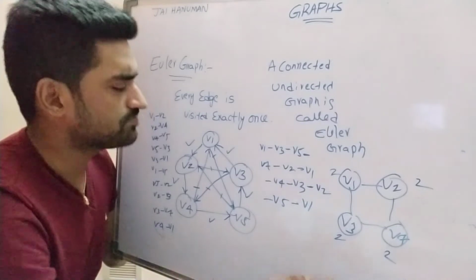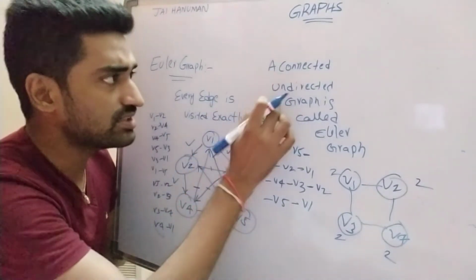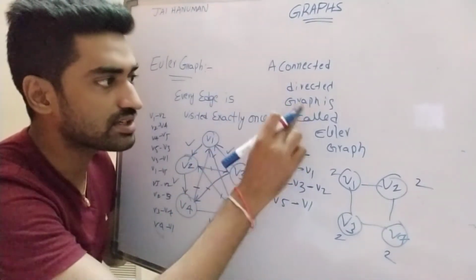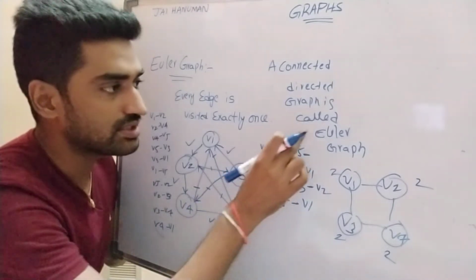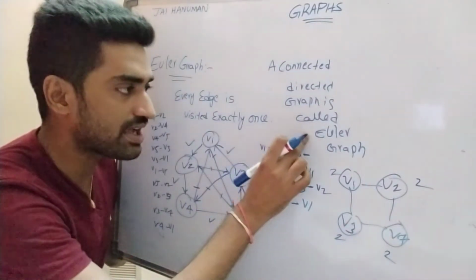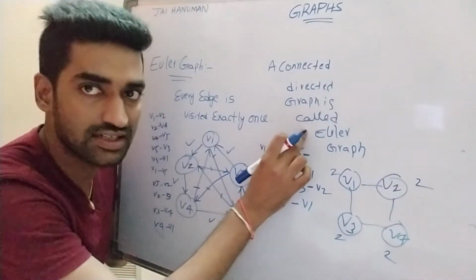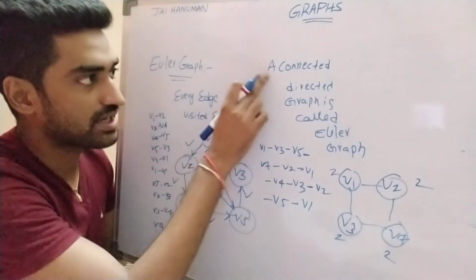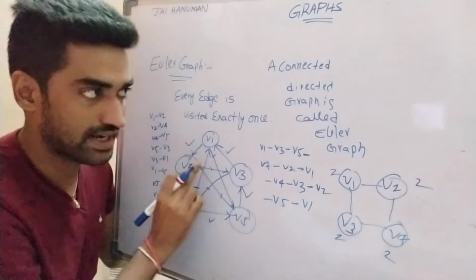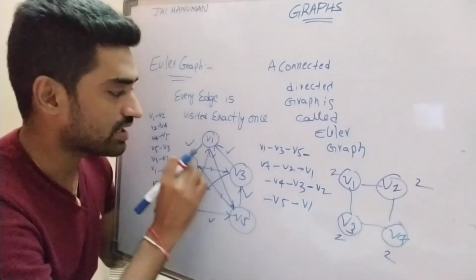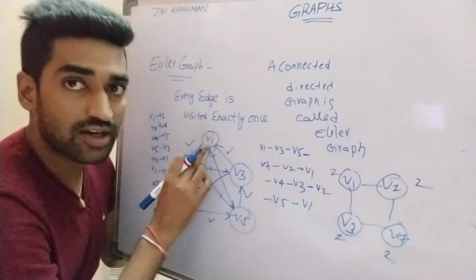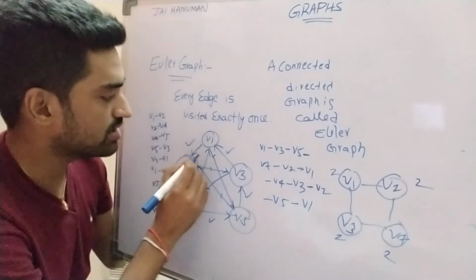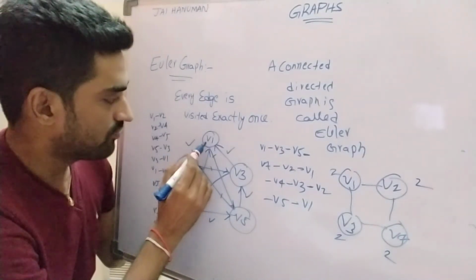Suppose a connected directed graph is called an Euler graph. It contains the same in degree and out degree. Suppose this graph is a directed graph. A connected directed graph is called an Euler graph if it contains the same in degree and out degree for each and every vertex. Here I am taking the V1 vertex.